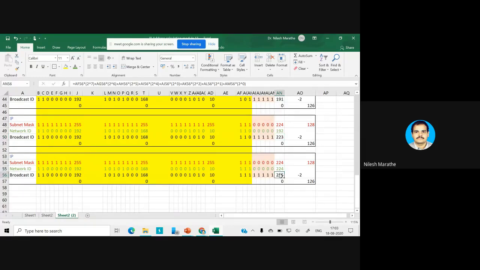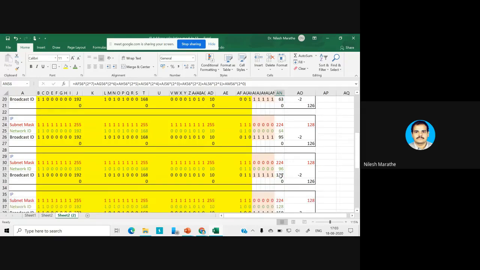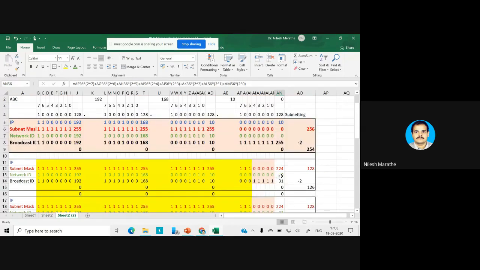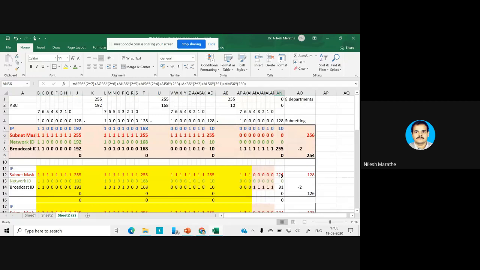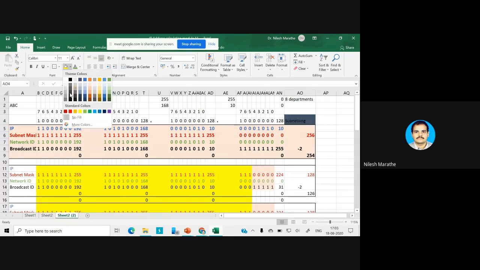Same 0 to 255 into 8 blocks. Are you able to understand? Yes sir. Is it okay? This is known as the concept of subnetting. Is it clear?